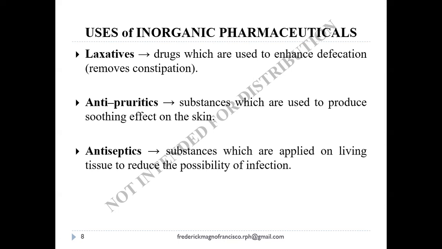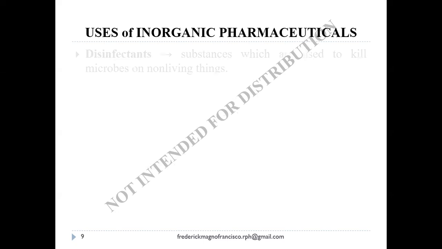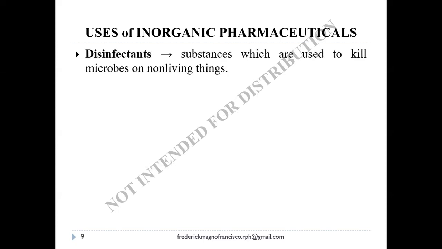Antiseptics. These are substances which are applied on living tissue to reduce the possibility of infection. Example of an antiseptic is hydrogen peroxide. Disinfectants. These are substances which are used to kill microbes on non-living things.